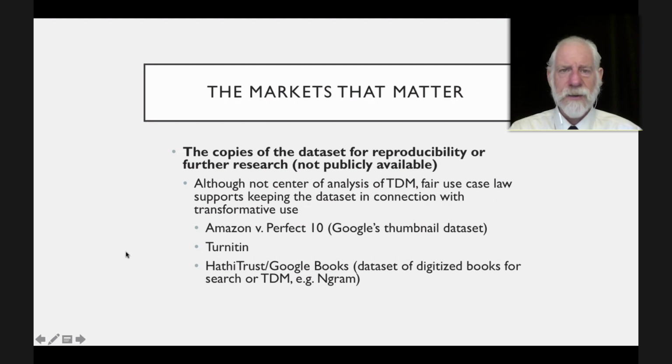Google Books copied the full text of more than 15 million books in order to create a search function for those books, again a fair use. And then more recently in the Google versus Oracle case, we get the United States Supreme Court reaffirming the importance of transformative use as the basis for holding these kinds of uses. Making copies to produce a useful other use is a fair use. And that's what we get in terms of what I think the law is.